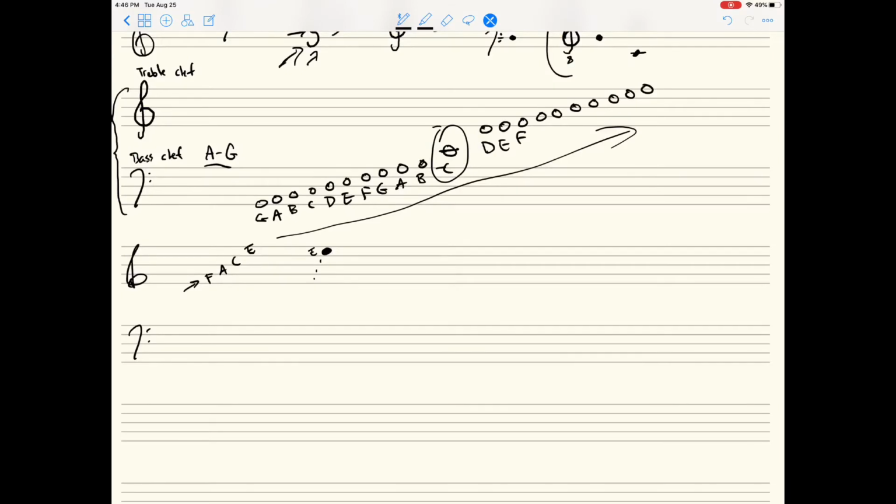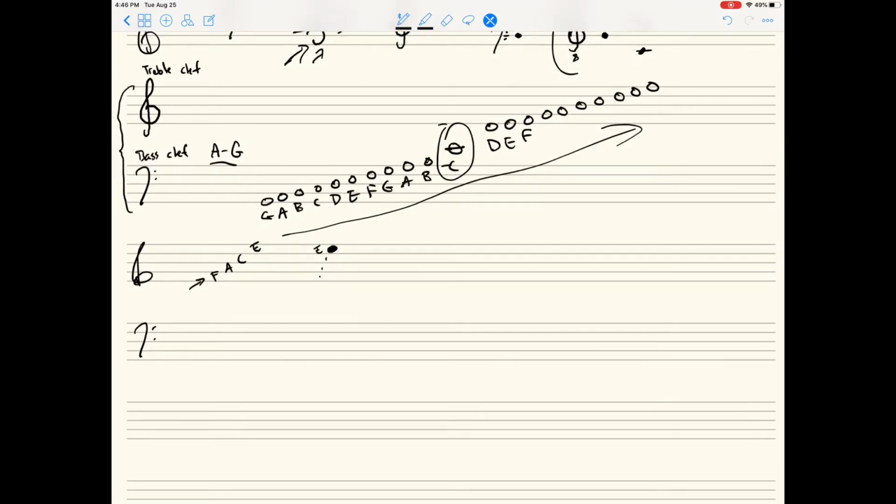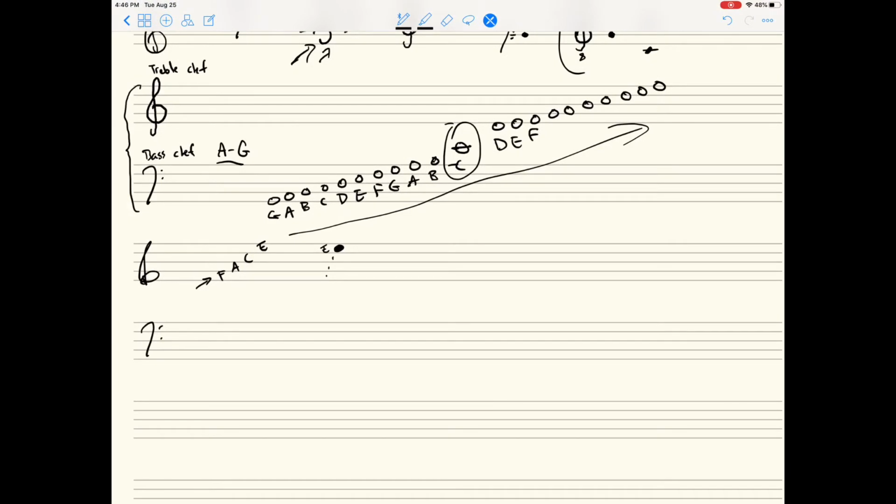Okay, so F, A, C, E for the treble clef spaces. For the treble clef lines, we got E, G, B, D, F. Every Good Boy Deserves Fudge. Or Elvis's Guitar Broke Down Friday.